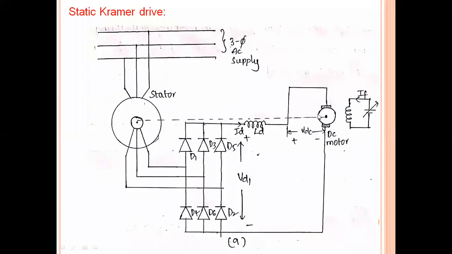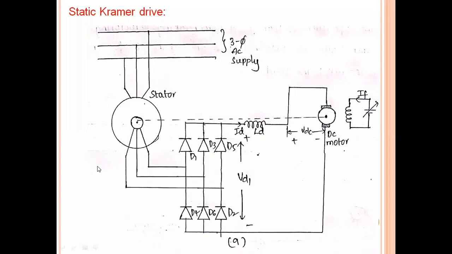You can see here, the shaft or the rotor of the DC motor is coupled with the rotor part of the induction motor in order to give some boost in the speed of the induction motor.